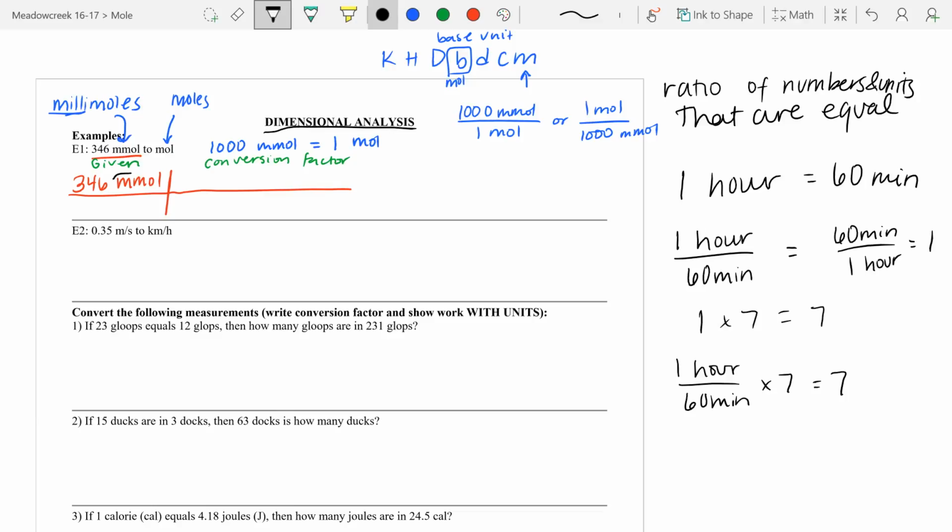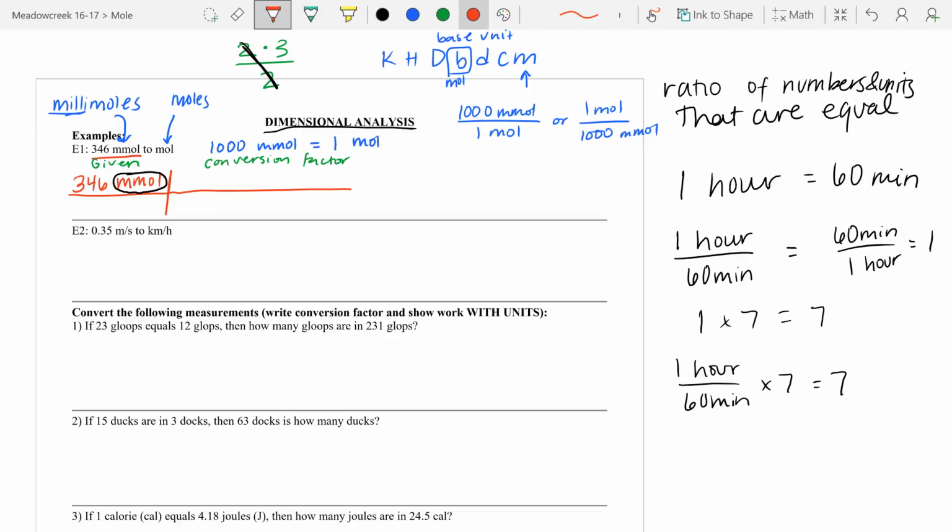Now, when you have millimoles here, the goal is to get rid of millimoles and have moles remaining by itself. So in order to do that, in the same way that if you were to have the problem 2 times 3 divided by 2, you could cancel out the 2's because we have one on the top and one on the bottom, we can do the same thing with our units in the problem.